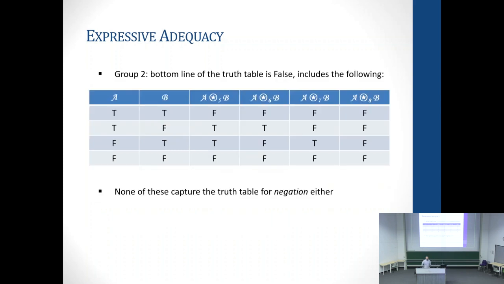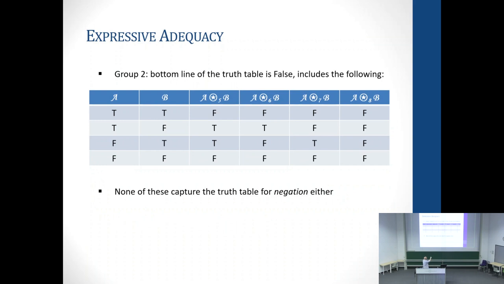So here's the other kind of fun one. Let's take the ones where, cool, the top layer gives us falsehoods, but the bottom one also gives us falsehoods. So in these 4, again, they're not really ones that we've encountered, but they're ones we could define, 2-place connectives we could define.